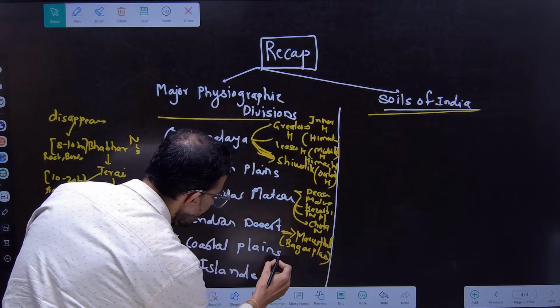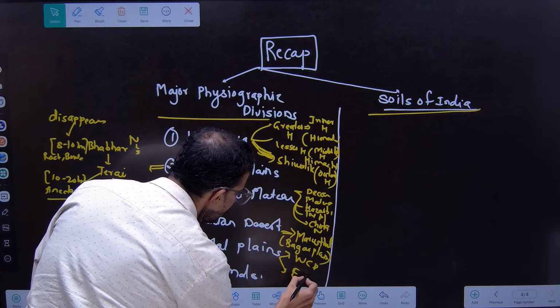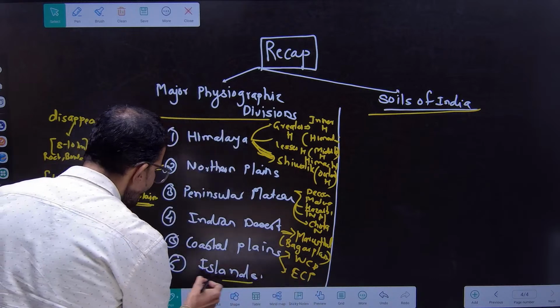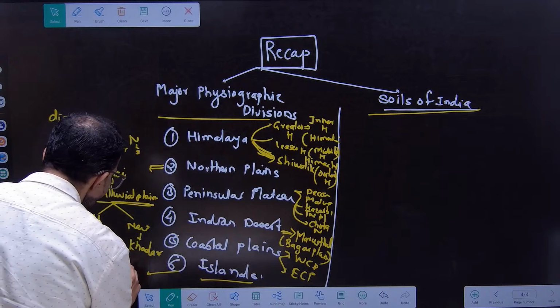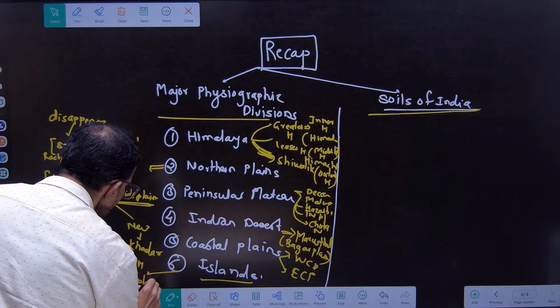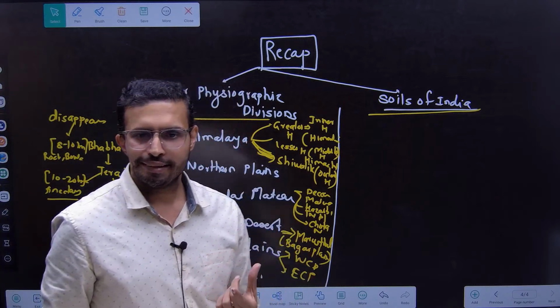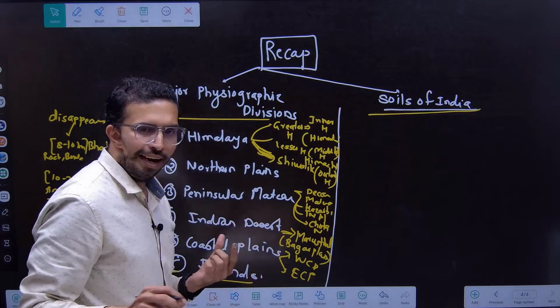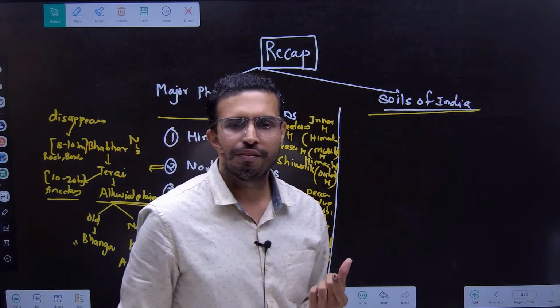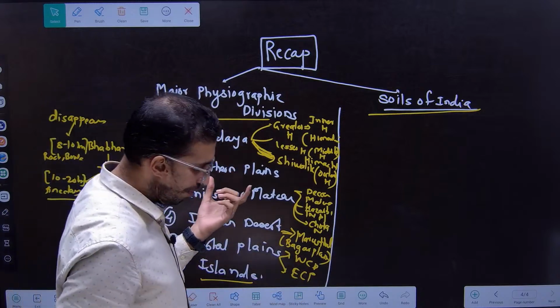Then coastal plains, we have studied western coastal plain and eastern coastal plain and their difference. In islands, we have studied the Andaman and Nicobar, Lakshadweep. Andaman and Nicobar are separated by the 10-degree channel, whereas the 8-degree and 9-degree channels are associated with the Lakshadweep island. This is how we have studied the major physiographic divisions.